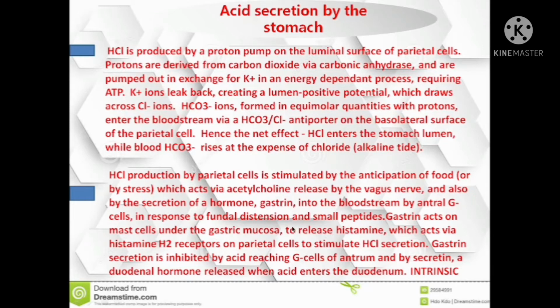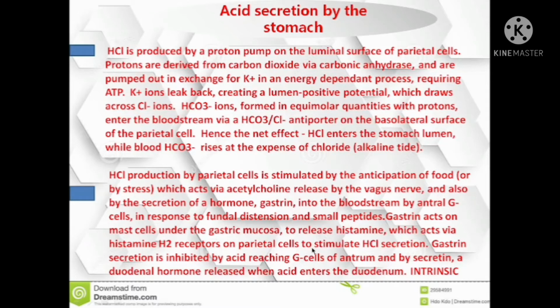facilitates the production of the HCl, because gastrin acts on some mast cells at the gastric mucosa to release histamine. Now what histamine does is that it acts via the histamine receptor on the parietal cell to stimulate HCl secretion. So in the presence of gastrin, there is a lot of HCl that is produced, okay?